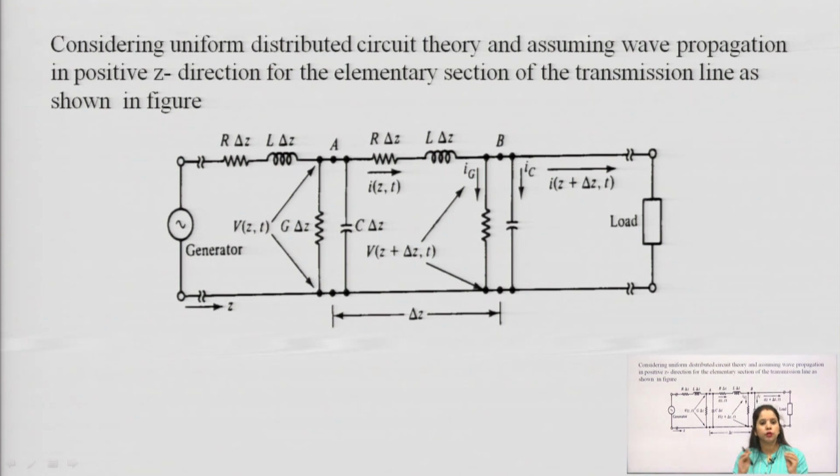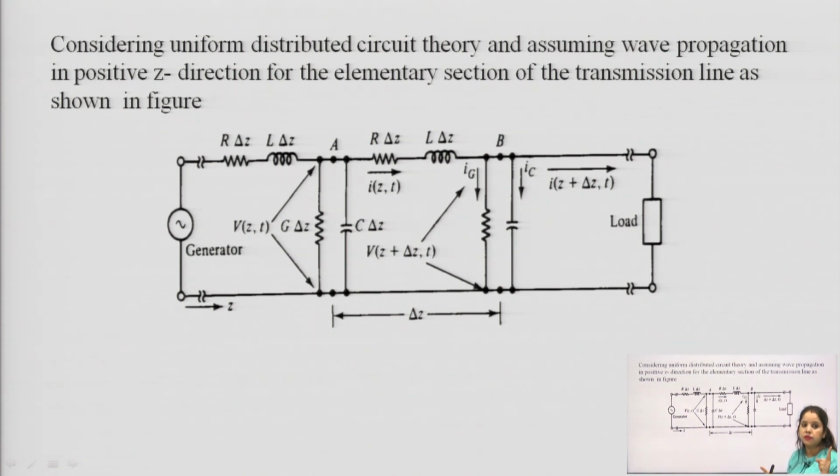If it is not uniformly distributed, it is very difficult to analyze the transmission line by taking a small part of it. So, I assume uniform distributed circuit theory, that is, everything is distributed uniformly throughout the length of the transmission line, and assume wave propagation in the positive z direction.